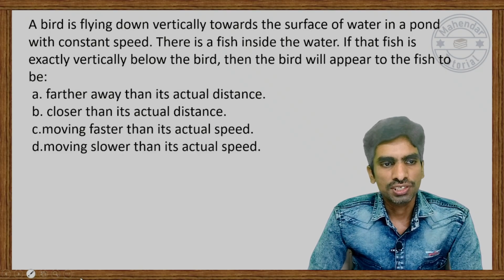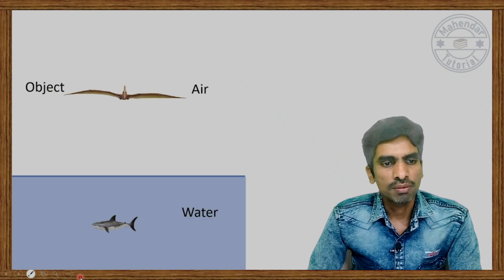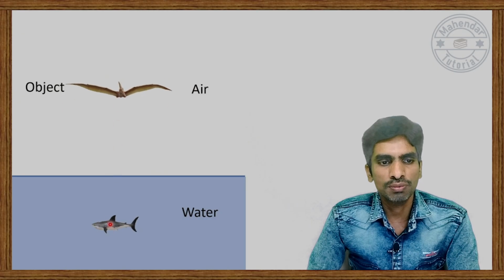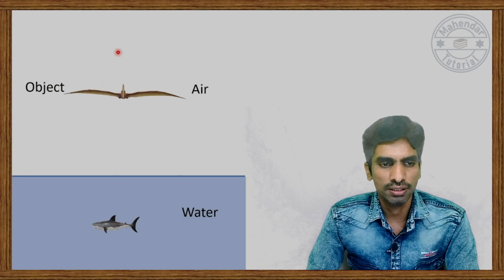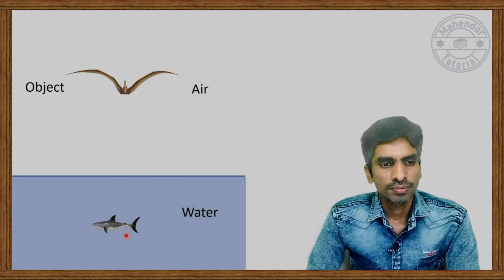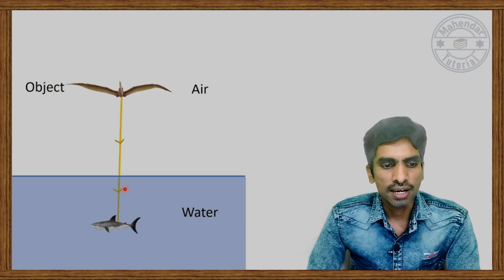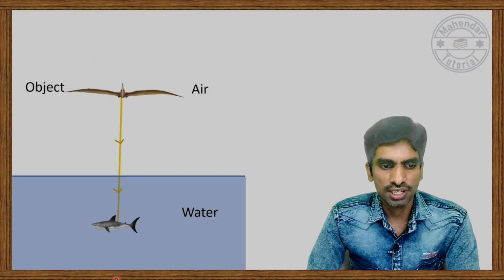See the situation. Here is the bird and there is a fish inside the water. The bird is exactly above the fish and it is assumed that it is moving vertically downward. Here the incident ray which is traveling along the normal is undeviated, it goes straight.